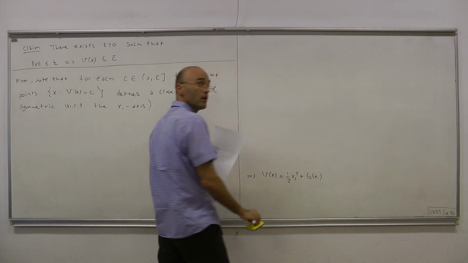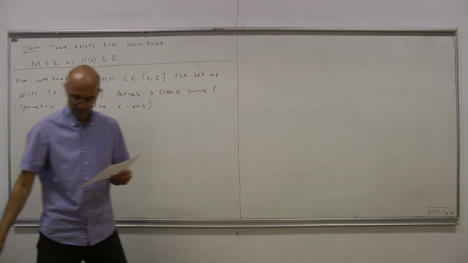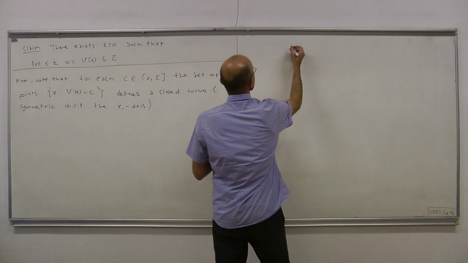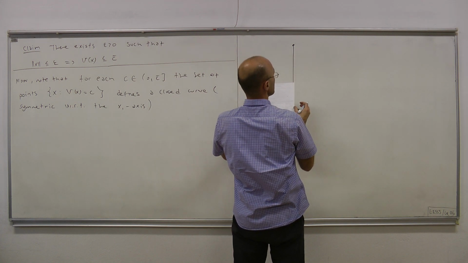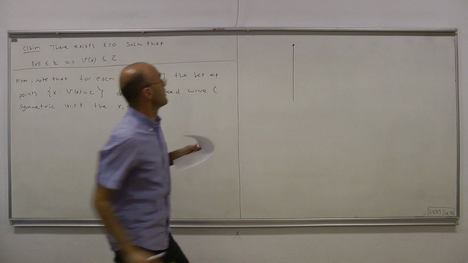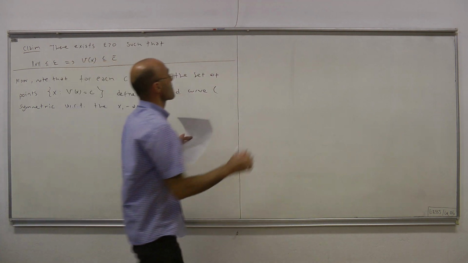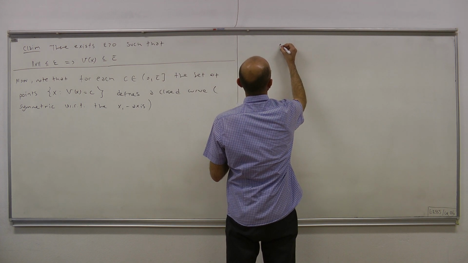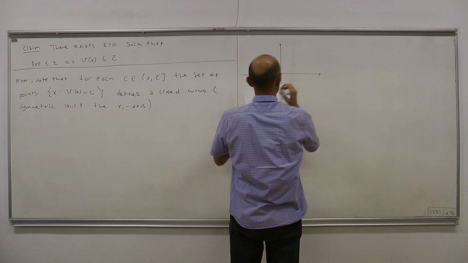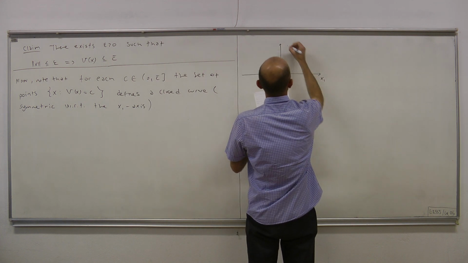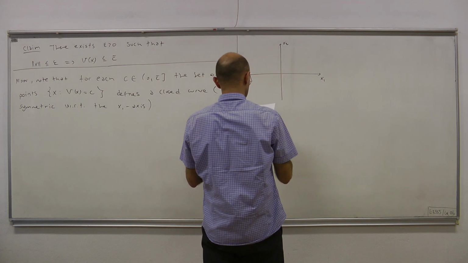Okay, so this is our v of x. x1 axis, x2 axis.